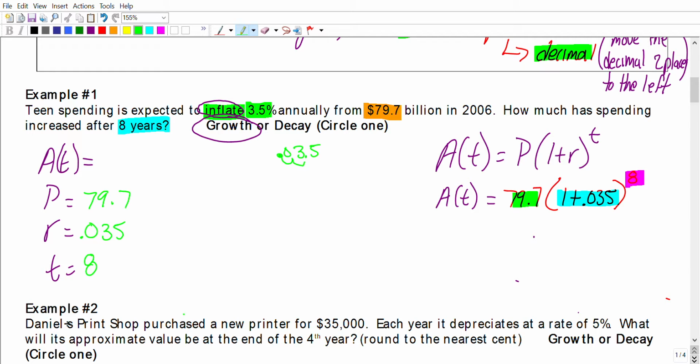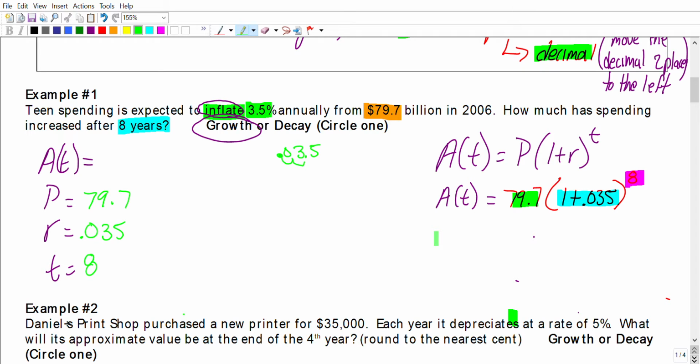All right, so 79.7 times parentheses 1 plus 0.035 raised to the 8th power equals, I got 104.95.